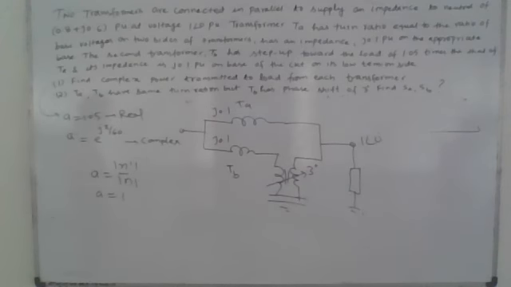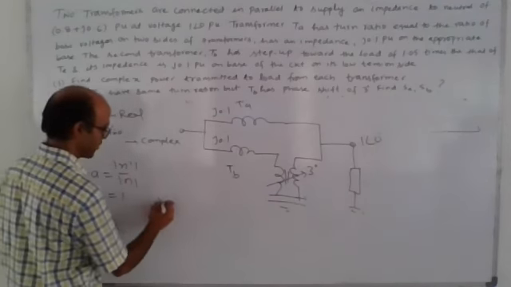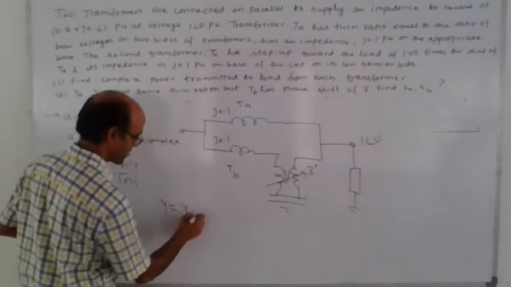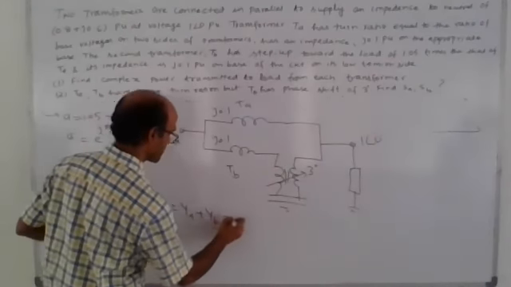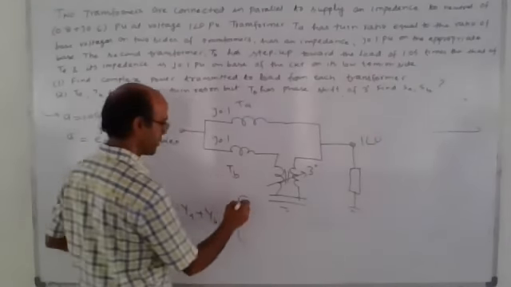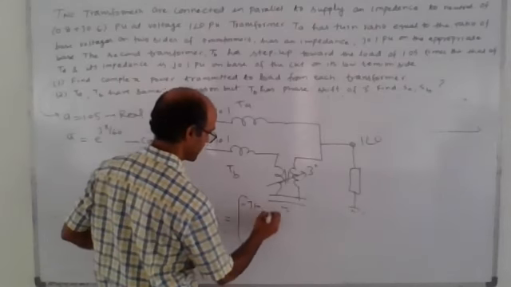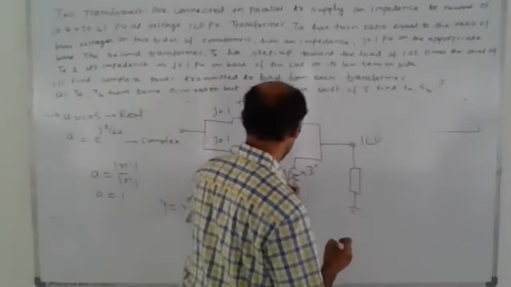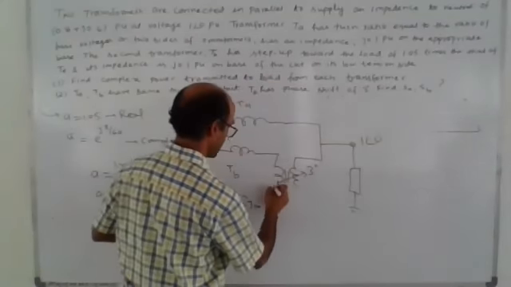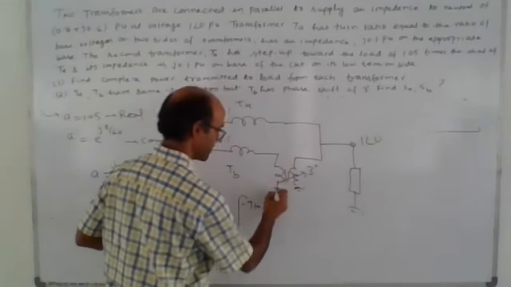While using this, you have to find the Y parameter. So the Y parameter of TA is Y A plus Y B. Y A is what I have already found, that is minus J10. This is grounded.